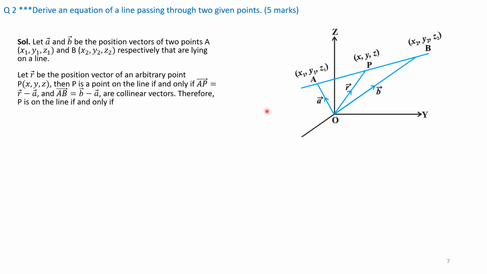Let P be any point on the line AB and R be the position vector of the arbitrary point P with coordinates x, y, z.